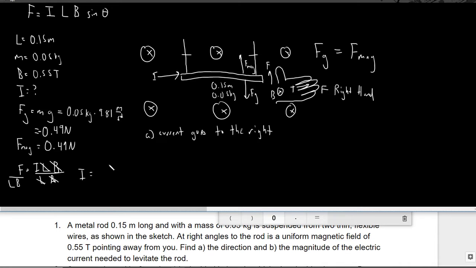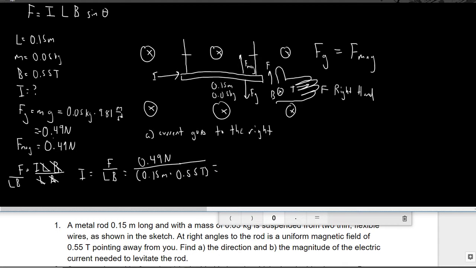So current is equal to the magnetic force divided by the length of the wire times the strength of the magnetic field. I already know those numbers. I just need to plug them in. So the force we said was 0.49 newtons. And we're going to divide that by the length of the wire, in this case, a whole metal rod, 0.15 meters, times the strength of the magnetic field, which is 0.55 teslas.